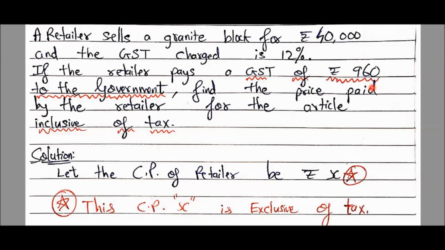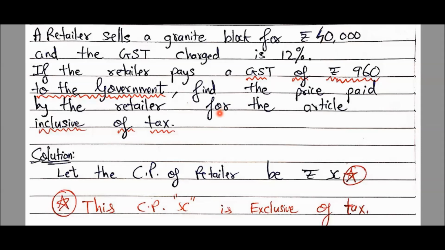Now students, tell me how profit is found. See the chain, I'm backtracking the sum. I have GST with me, so can I say GST is calculated on profit? So tell me on what profit is calculated. You will say, sir, selling price minus cost price is profit. Yes, amazing. So can I say we already have selling price? Here it is written that the retailer sells for rupees 40,000. Can I say I just need the cost price?